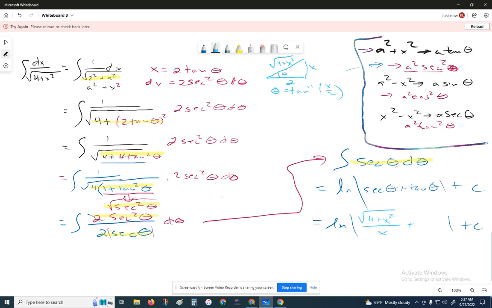Tangent of theta is here, divide out. Tangent of theta is equal to x over 2. And what do I got here? Oh, secant doesn't go with sine. That's wrong. Hey, what am I doing? It's a 2. I was like, oh, this doesn't feel right. There we go. It's a 2. So secant is 1 over cosine, not 1 over sine.